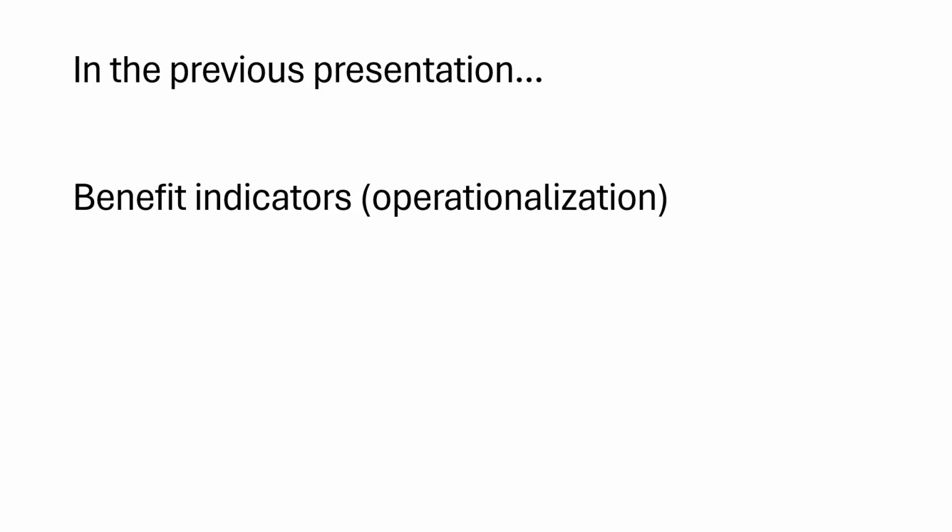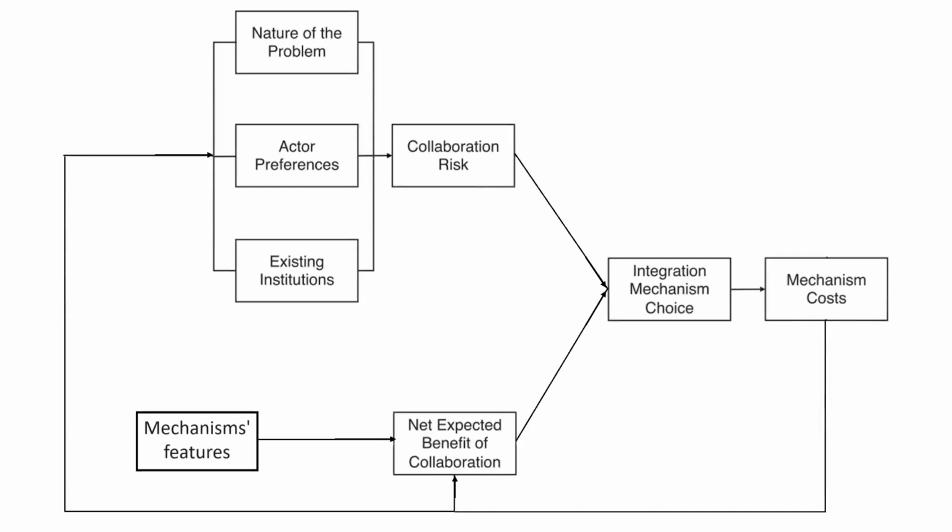Just to remember the way I see it in a pictorial way, I always put the decision maker in a situation where he has to choose an integration mechanism, and according to the ICA theory, he does that.